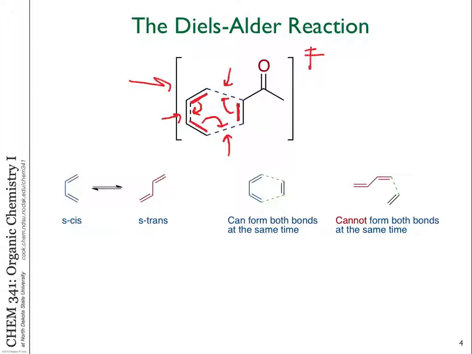Because if it's in this other conformation, this side of the dienophile can't reach to form a bond. Okay, and that's critically important. We see that if we disfavor this equilibrium and we favor the S-trans conformation, that has a negative impact on success in this reaction.